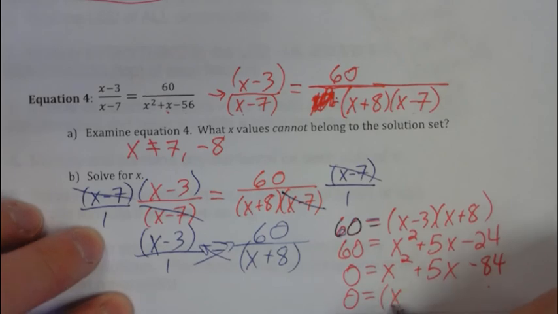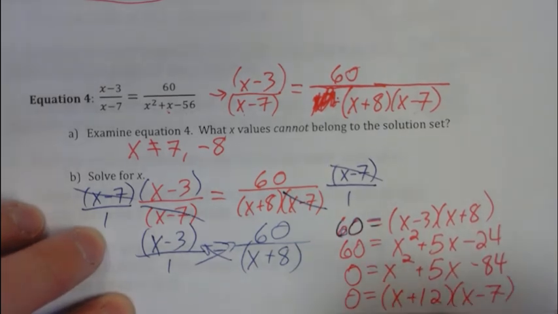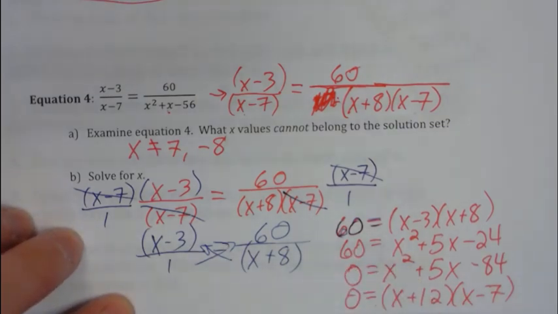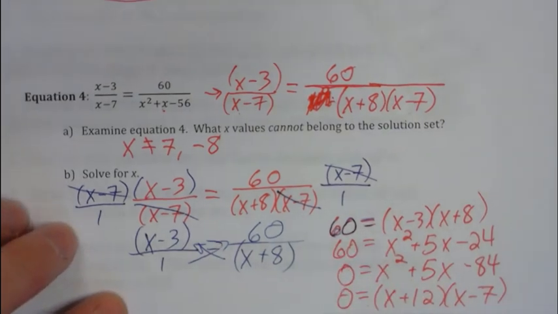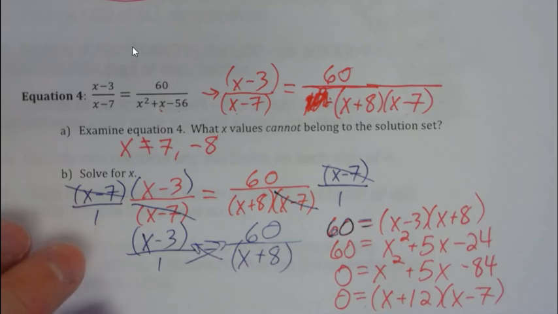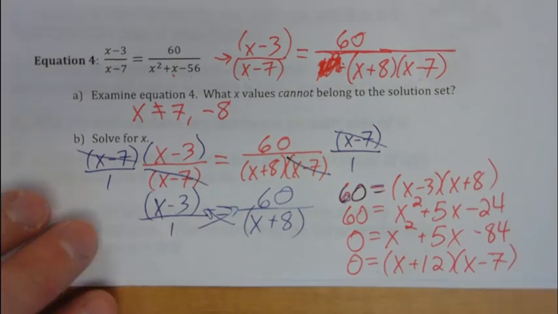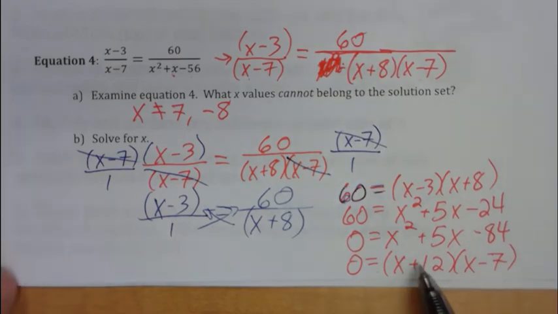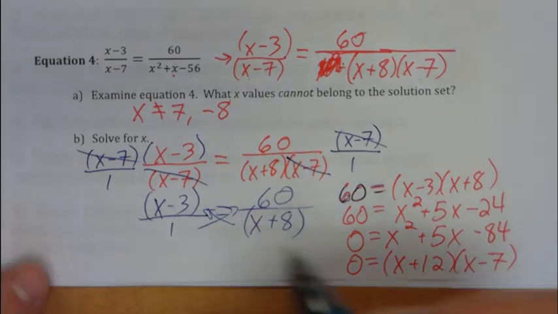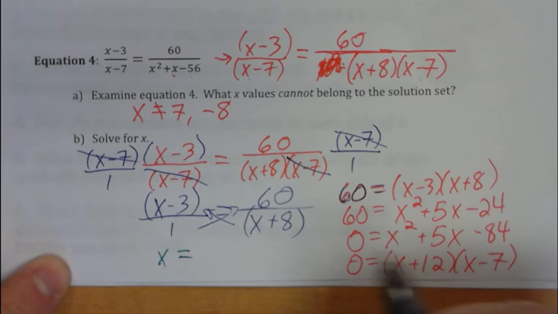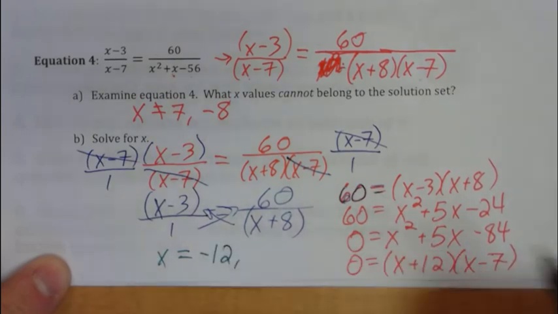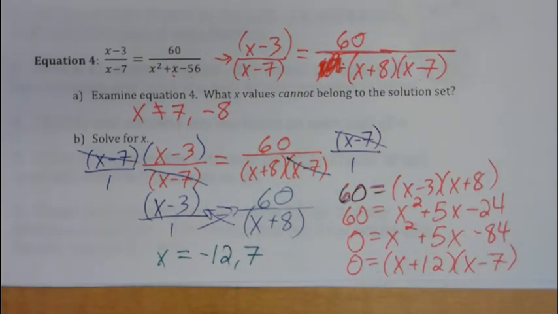So I would have x plus 12 and x minus 7. So that means that our answers for this problem here, if you guys still see that, is we have that x plus 12 and x minus 7 there. Well, that means that our answers are negative 12 and positive 7.